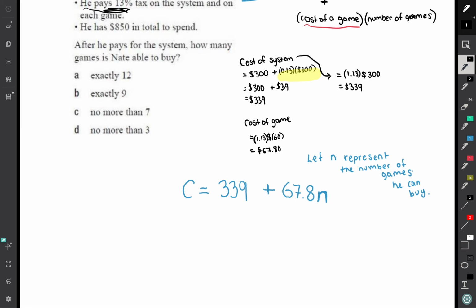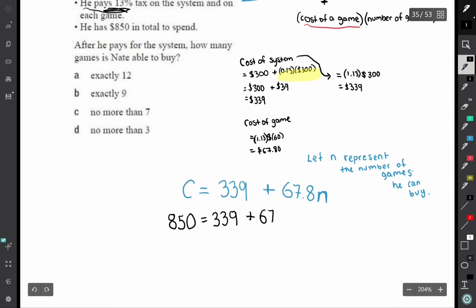He's allowed to spend up to $850, and we want to know, with $850, how many games will he be able to buy? So now we have an equation with a variable that we want to solve for. Let's go ahead and do that.